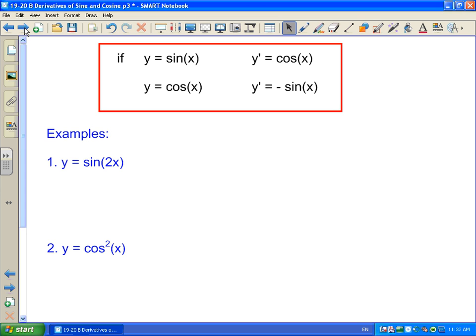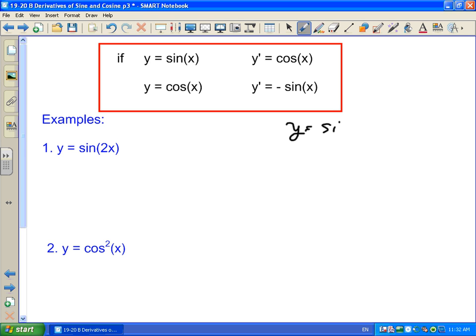Actually, I've got 4 examples here. The first one is pretty straightforward. y equals sine 2x, and we just want to take the derivative here. Already we're having to use the chain rule, because this isn't just a straightforward sine x. This is y equals sine of another function, g of x, where g of x is just 2 times x.